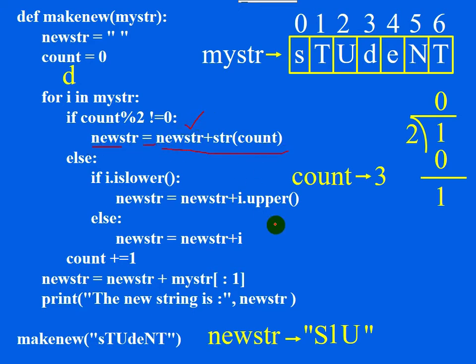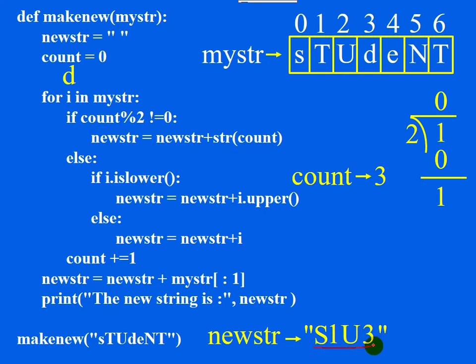What does new string variable contain? The string S1U. What does count contain? 3. And what is str of 3? The integer 3 is converted to string 3. So S1U is concatenated with 3, which means now your new string variable contains S1U3.